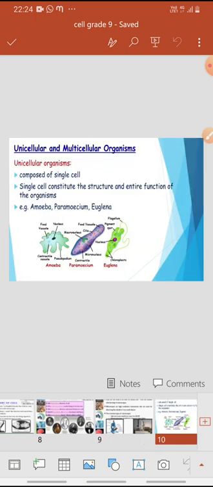Unicellular and multicellular organisms. What are unicellular organisms? Unicellular organisms are composed of a single cell. A single cell constitutes the structure and entire function of the organism. Examples of unicellular organisms, can you repeat with me? Amoeba, Paramecium, Euglena.